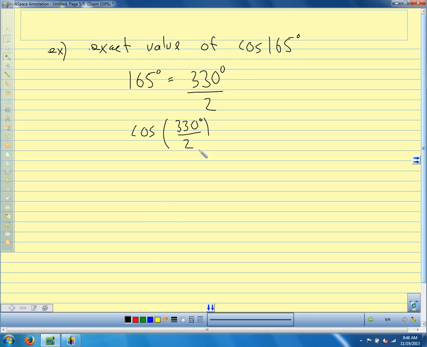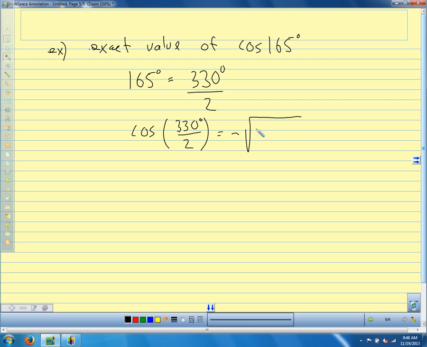So we're going to use our cosine half angle formula. 165 degrees is in which quadrant? Second. So our cosine is going to be positive or negative? Negative. So we're going to use the negative sign.